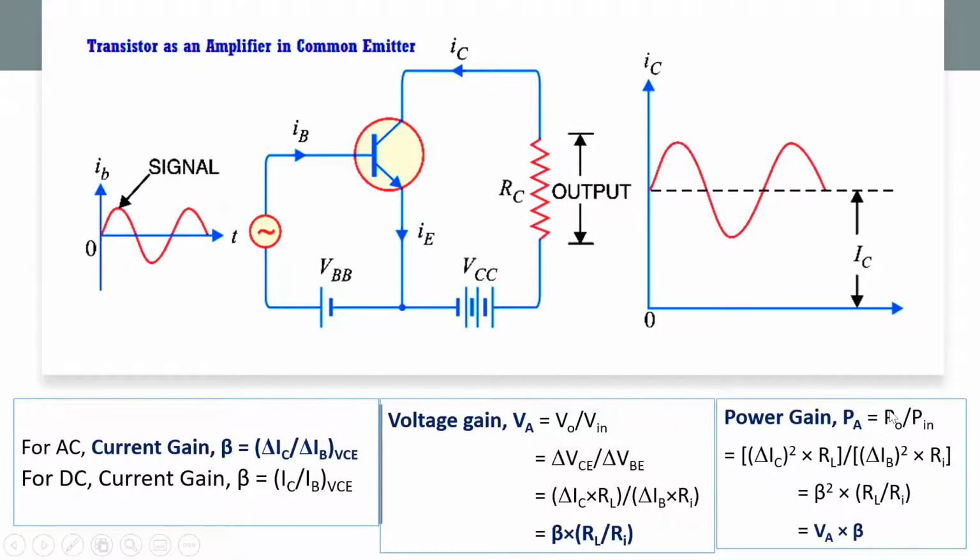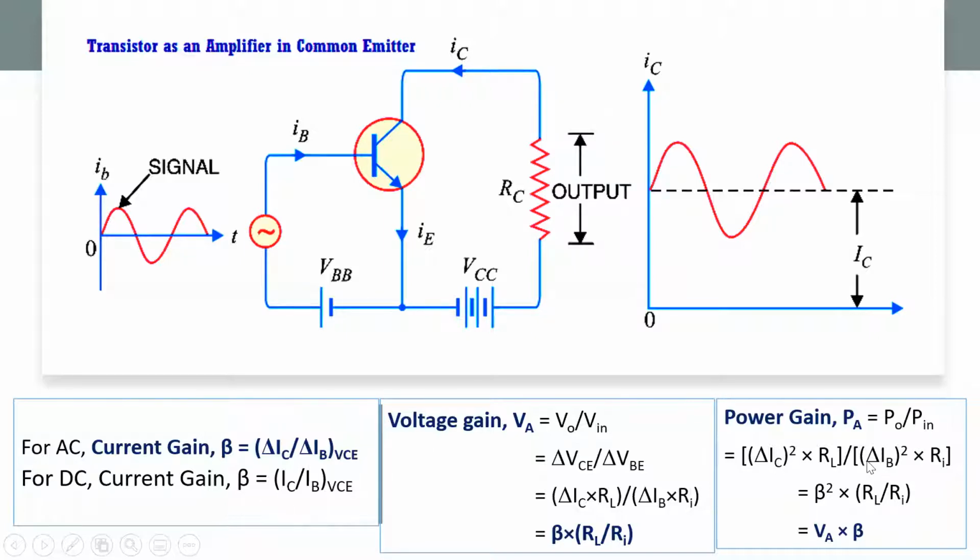Now let us see how much is the power gain. Power gain is output power by input power, right? We know that power is equal to I square R, current square into resistance. So we write the output current square into output resistance divided by the input current IB square into input resistance. But again, we know that IC by IB is beta.